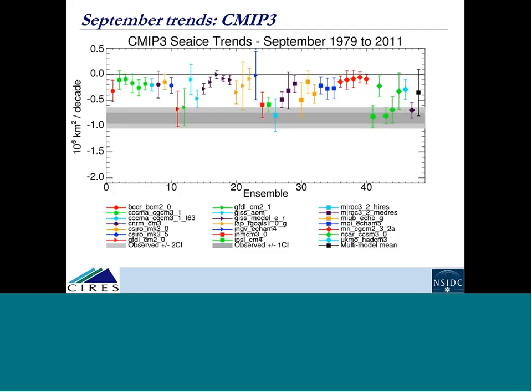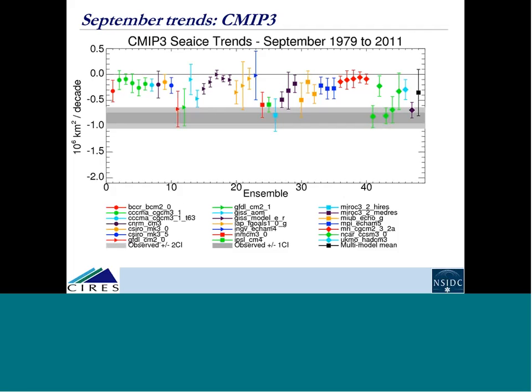When we calculate the observed trend and the confidence intervals, we take into account the autocorrelation between individual years. The symbols represent the mean trend, and the bars represent the plus and minus 2 sigma confidence intervals.